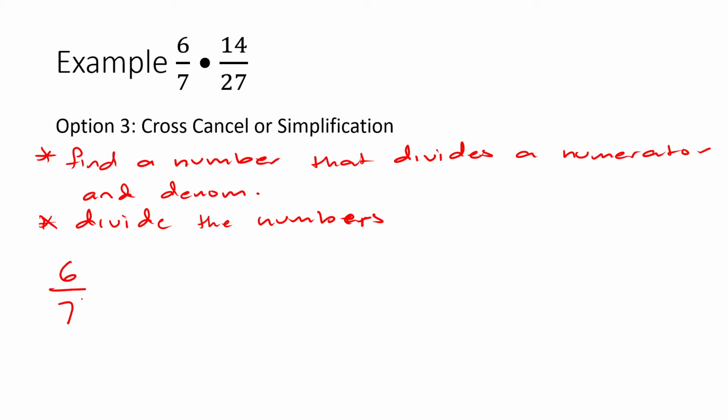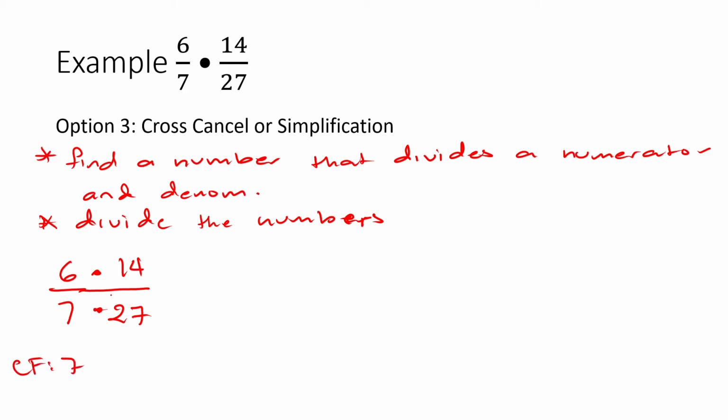So let's see these steps in action. So we have 6 over 7. Okay, I keep forgetting. Write it as one fraction, 6 times 14 on the top, and we have 7 times 27 on the bottom. Now, multiply across. Before we multiply, you're going to find a number that divides a numerator and denominator. So here, we can see that 14 and 7 can be divided by 7.